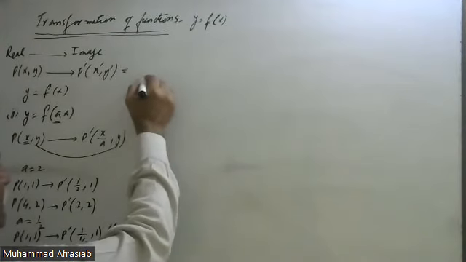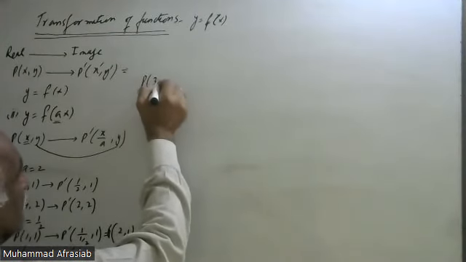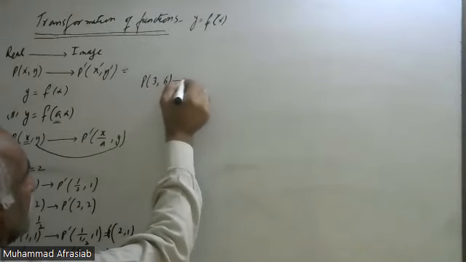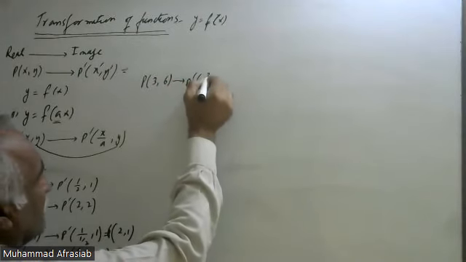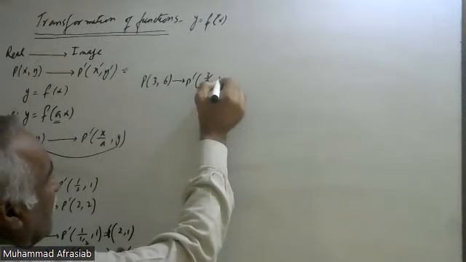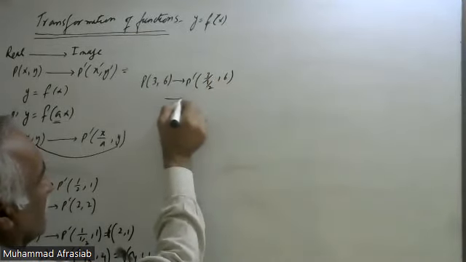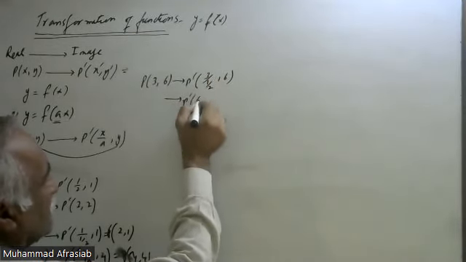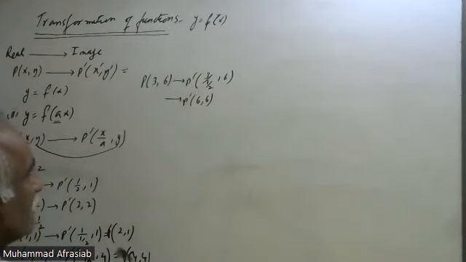If the point P is (3, 6), then the image will be (3 divided by half, 6), which is equal to (6, 6). So you have seen that the values of y remain the same and x is doubled in this case, for a equal to half.